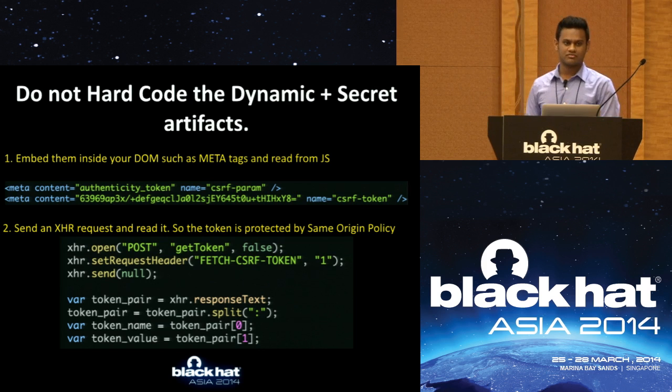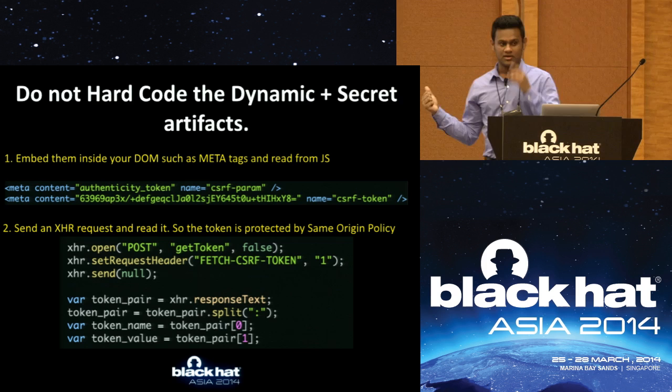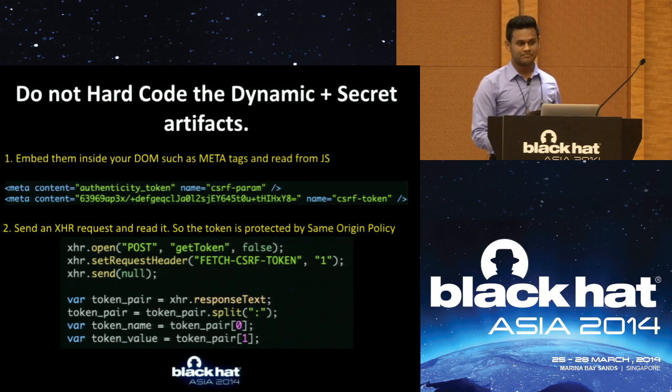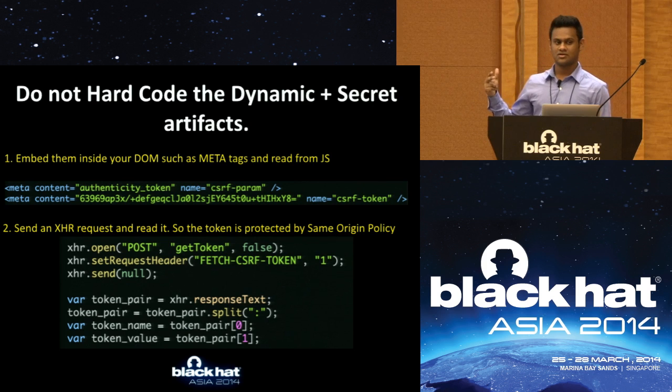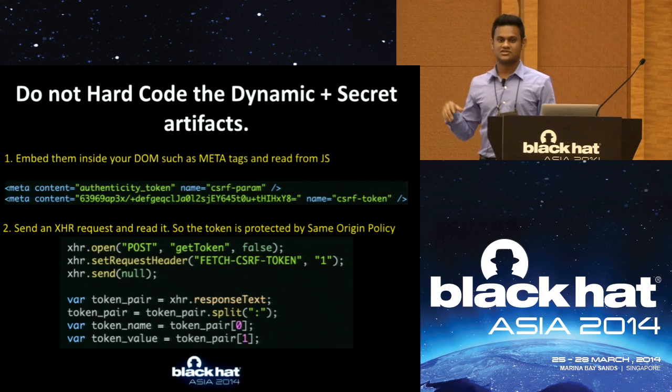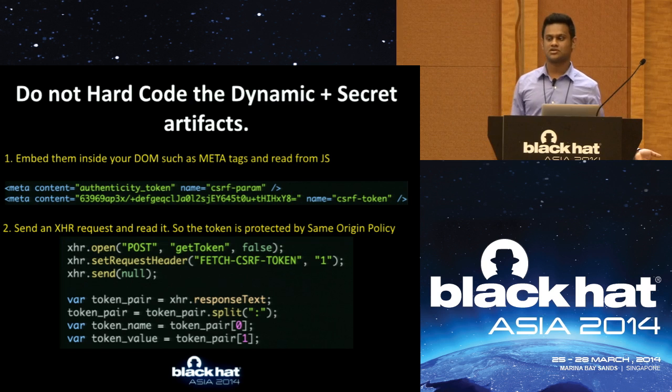You can do something like what most websites, like GitHub, do. You need to have your website's HTML page be non-static, not cacheable, and put the token inside meta tags, then walk the DOM and take it. Or the best way is to still have a static page, and in your JavaScript, send a fetch request. Instead of hard coding your secret tokens, just send another request, just like what a preflight request does in modern-day CORS.